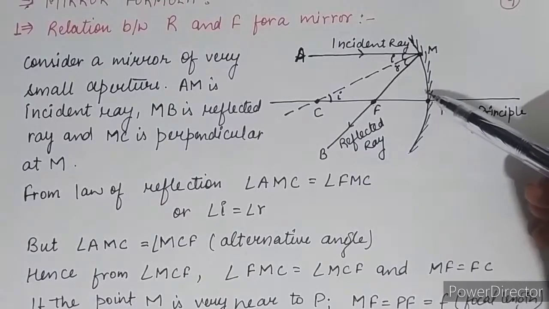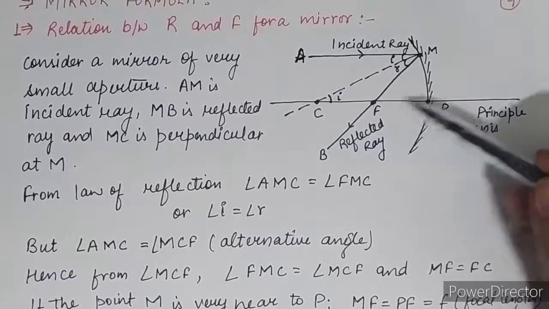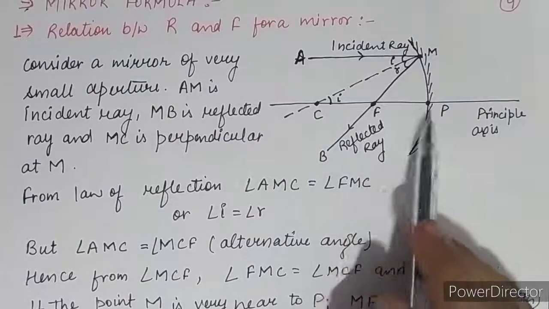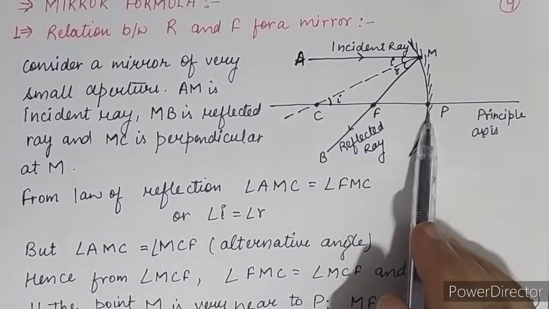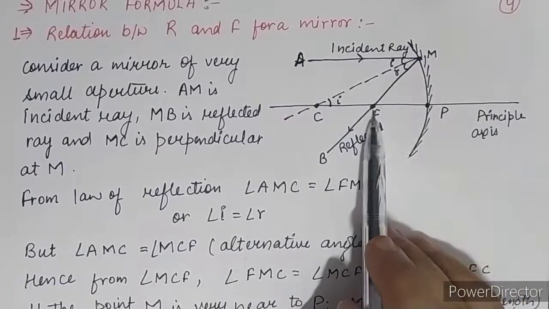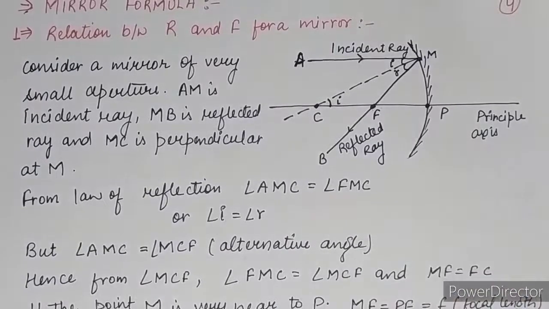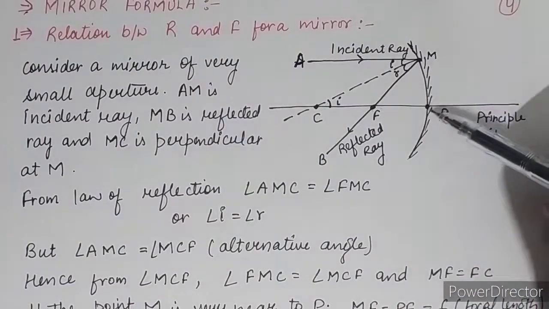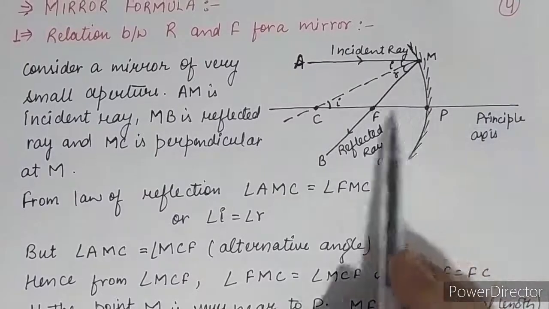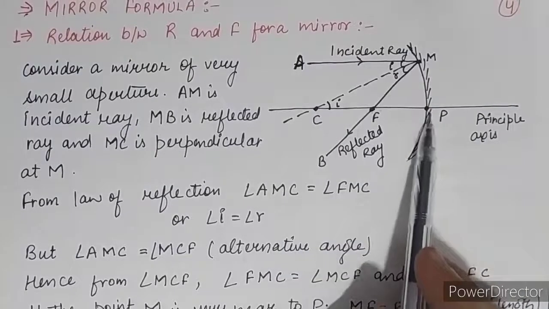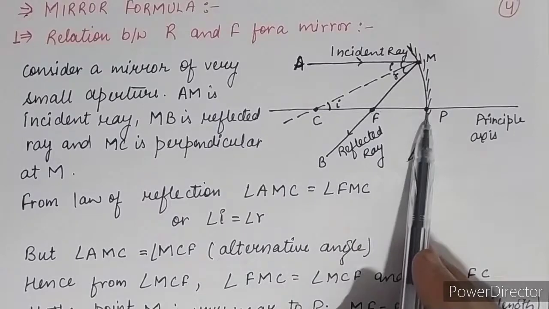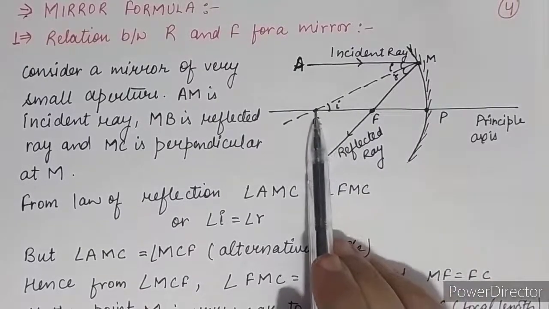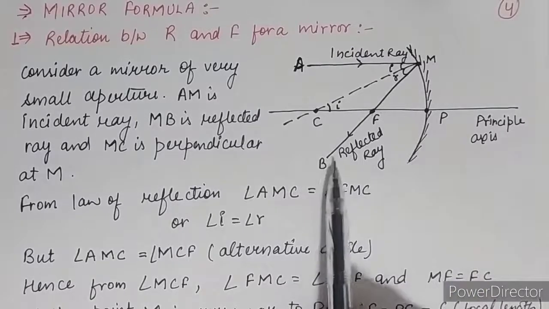Now if this is there, we can say MF is equal to PF because both are very much close to each other. And you know this PF is the focal length. Okay, the focal length is the distance between the focus point and the pole. Okay, clear? So first of all, we have taken that this PF means C to P, C the center of curvature. So here it is the radius of curvature, C to P. So I will bifurcate C to P in two parts.